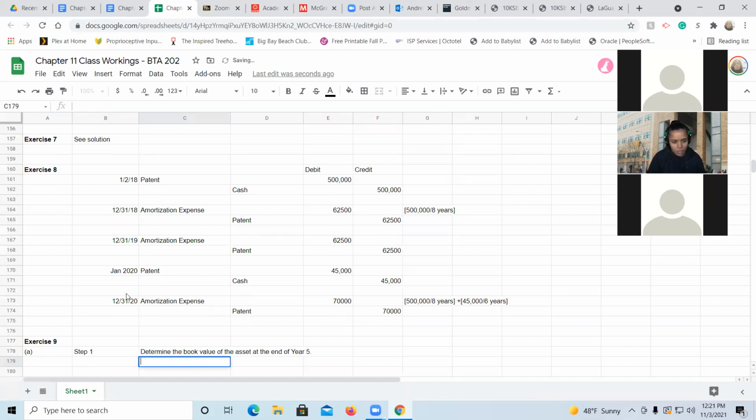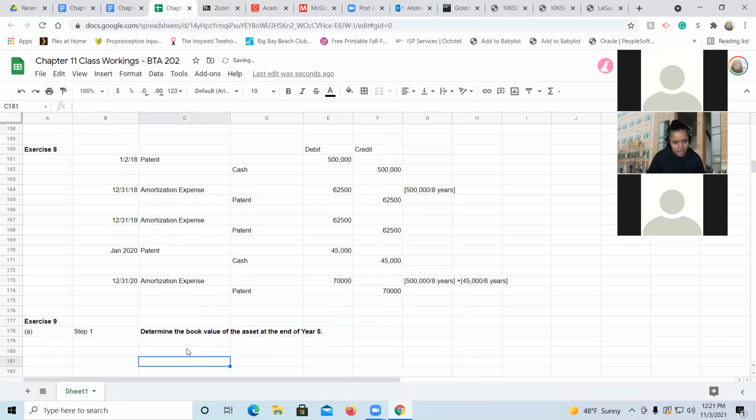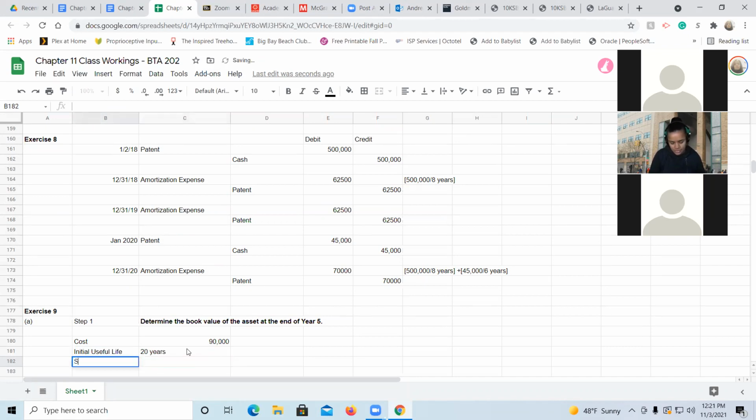Because you want to know what was left to be depreciated, and based on what's changed now, we will use that number. So the cost of the asset was 90,000. That's given in the question, right? The initial useful life, maybe instead of just saying useful life, we'll say the initial useful life to just differentiate, was 20 years, right? There's no salvage or residual value.